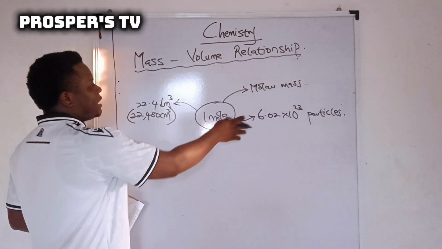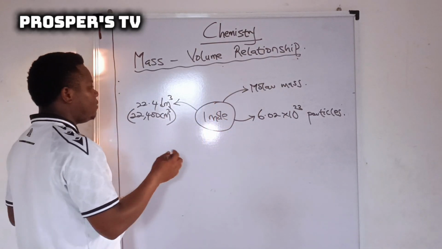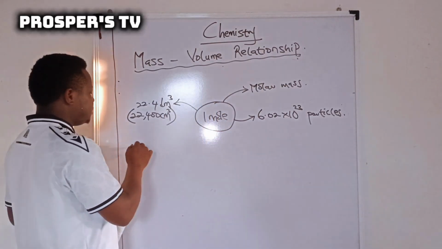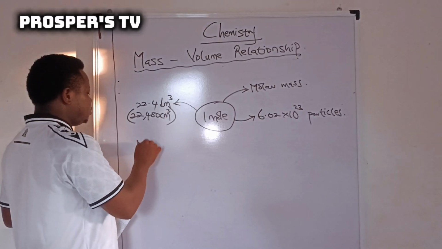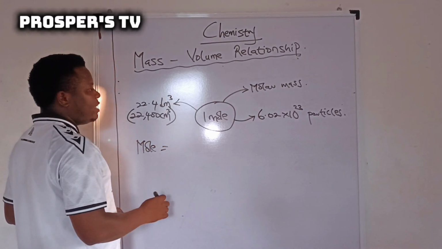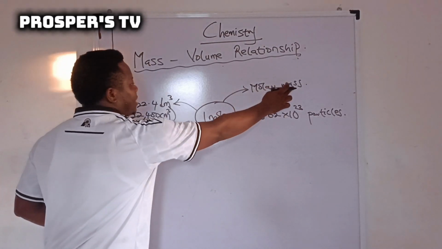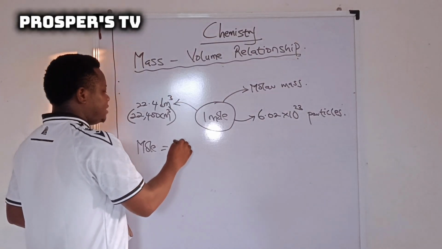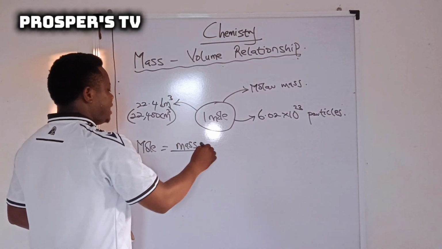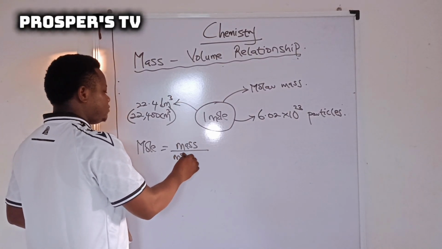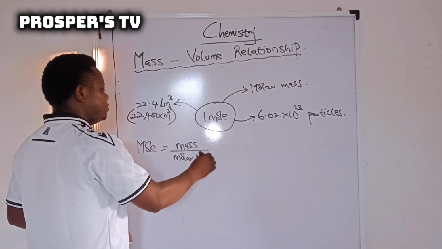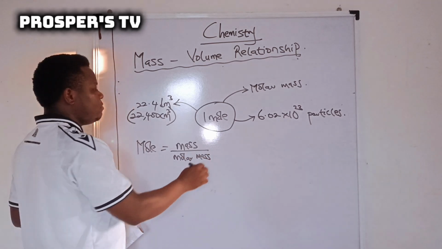So from this, I can derive a formula that would help us in some questions as time proceeds. So mole, you should know that the formula for mole can be expressed as what? This is mass, okay? So if we take the mass of a substance and divide it by the molar mass, that gives us the mole that we're considering in the reaction.